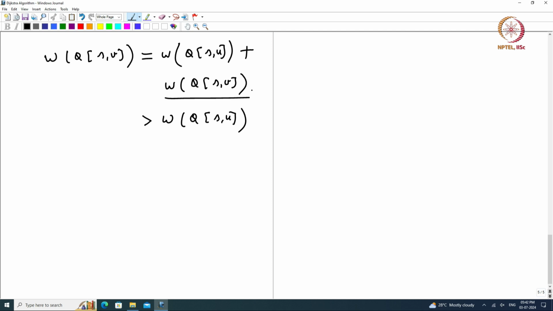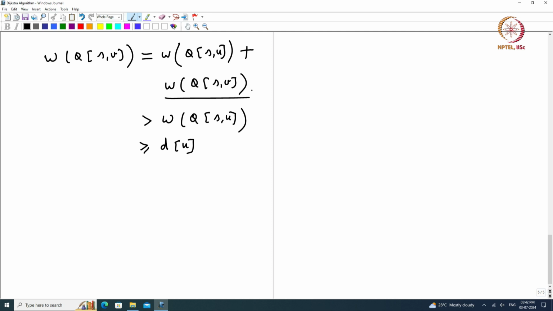The whole path will have a bigger weight, one part will have a smaller weight, and this is greater than or equal to d of u, because d of u is the weight of the minimum weight special path, the shortest special path. This is some special path from S to U, d of u is the weight of the shortest special path, therefore that will be smaller than this one.